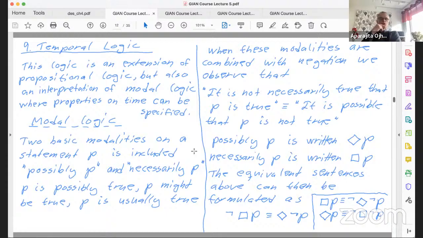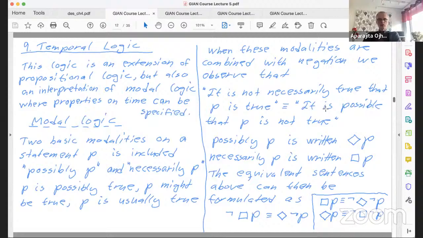So if we write possibly P as this diamond and necessarily P as the square, this statement above here, it's not necessarily true that P is true. If you say that necessarily P is true, then you write square P. And then if you take the negation of that, that was what I described here. It's not necessarily true that P is true. That is what is said in the first sentence.